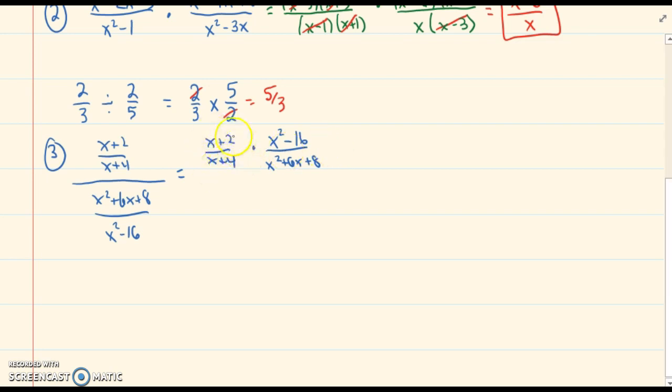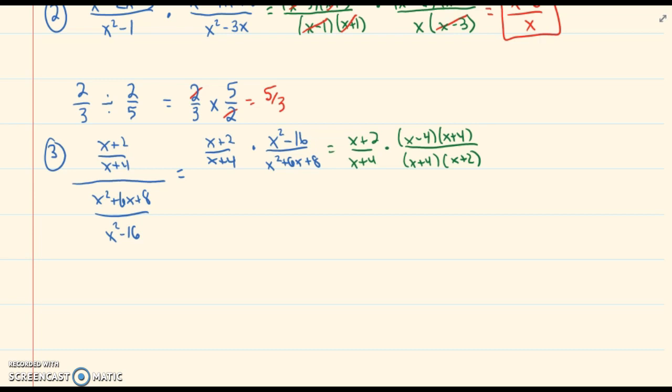So I don't think I can do anything with x plus 2 and x plus 4. That just seems like there's really nothing to do there. But x squared minus 16 is factorable: x minus 4, x plus 4. x squared plus 6x plus 8 is factorable: x plus 4 and x plus 2.